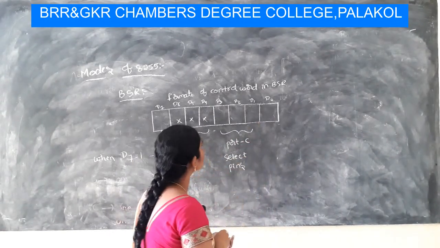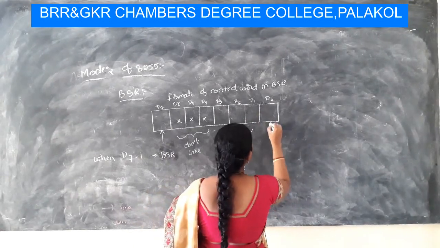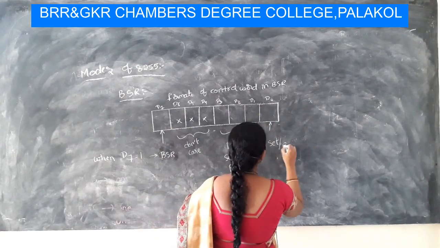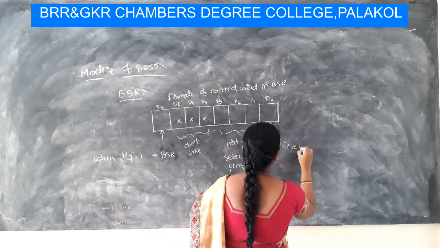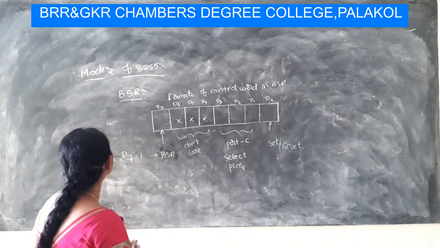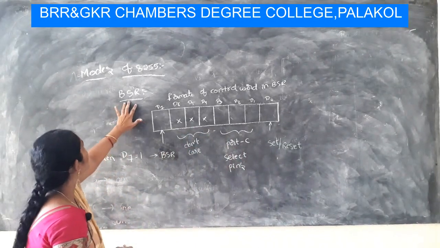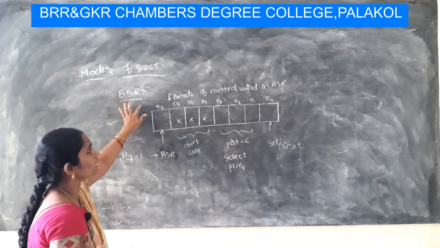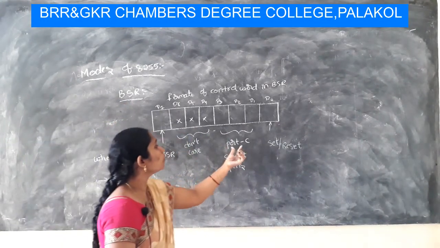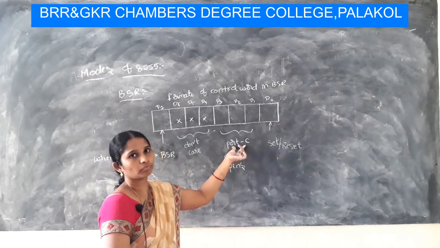This D0 belongs to the set and reset bit. Also, one thing you have to remember: this BSR, that is nothing but bit set reset mode, is applicable only for port C.